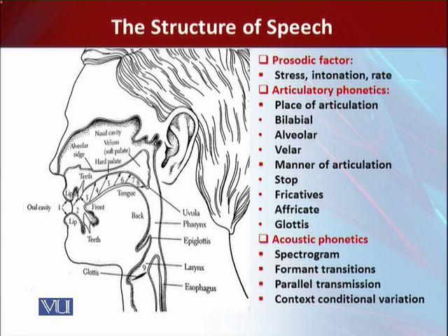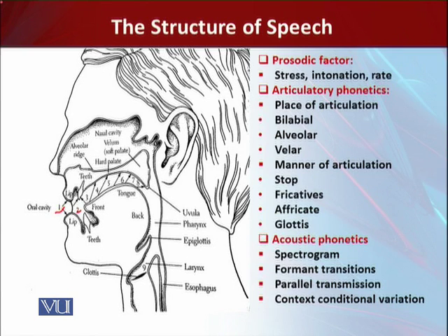Now, look at this diagram and we can mark the different places of articulation. Number one, if you can see here, is bilabial.